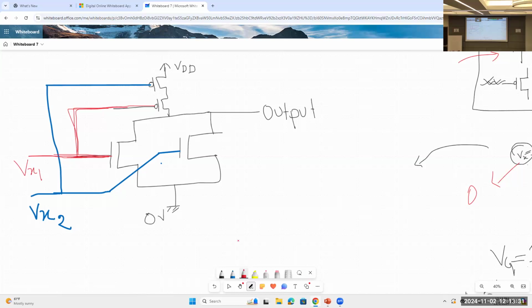Okay, so let's go through the circuit operation, which is very easy. There are two inputs, so we will have combinations. We need to check all the combinations. So let's draw a truth table for this circuit.